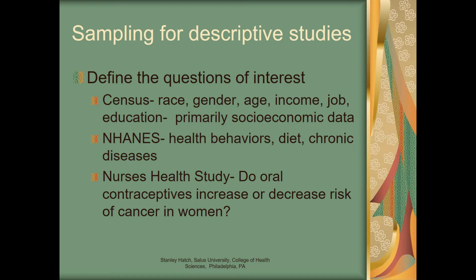And in case you wanted to know what the answer is, there is a slight increase in risk of certain cancers in women of that age group who used oral contraceptives long term. But at the same time, there was a decrease in heart disease for those subjects.